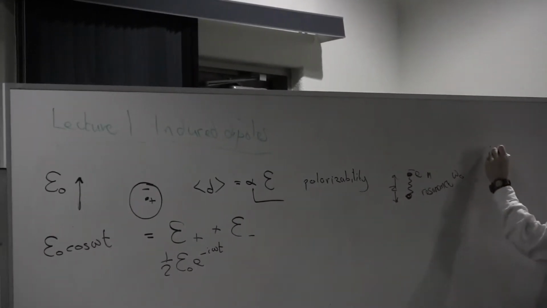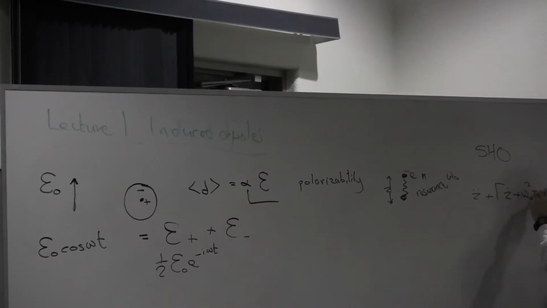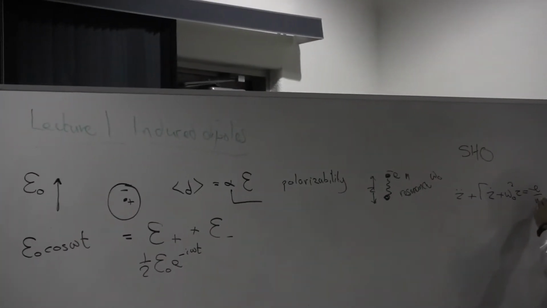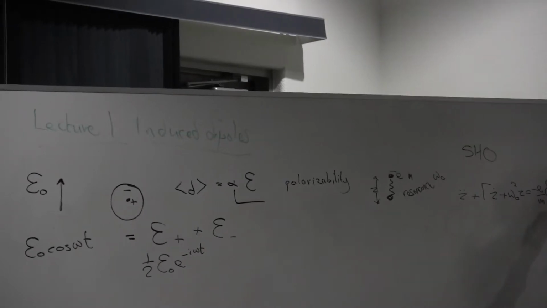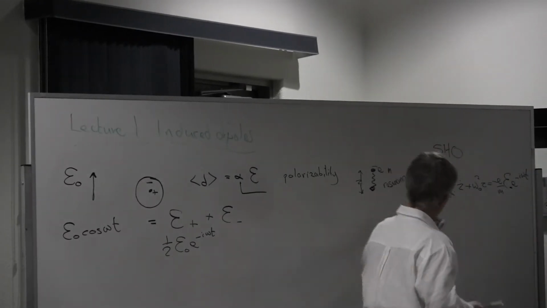And then it's a simple harmonic oscillator. So what I get is z double dot plus gamma z dot plus omega naught squared z equals minus e over m E naught e to the minus i omega t. So this is the force here, normalized by mass. And then this is the damping here.